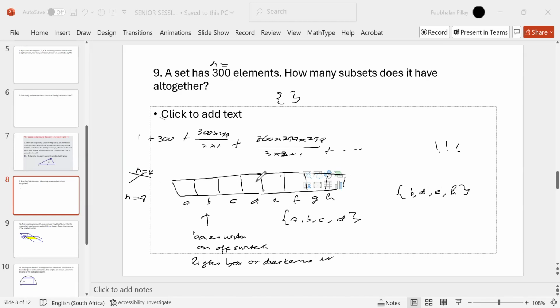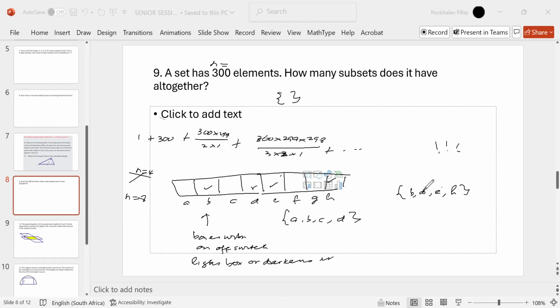When I pick a subset, what I'm going to do is I light this thing up. I'll put a tick there to show it's lit up. And this D is lit up, E is lit up, and H is lit up. So when I got these 4 lit things, then it means the subset that I'm talking about is B, D, E, H. Right. So what does this mean now?